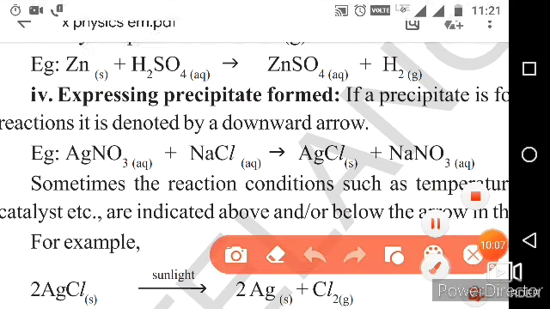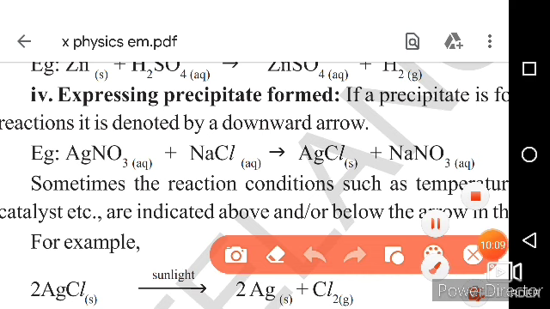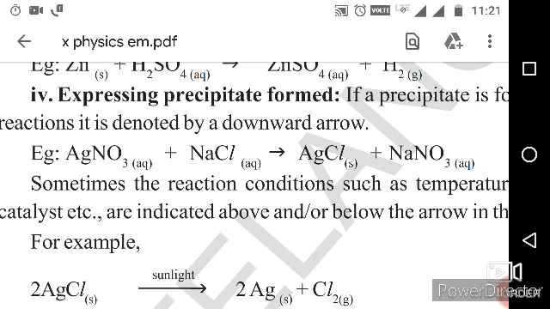Next, the fourth characteristic, precipitate formed. If a precipitate is formed in any chemical reaction, it is denoted by a downward arrow, like this. For this we have one example.